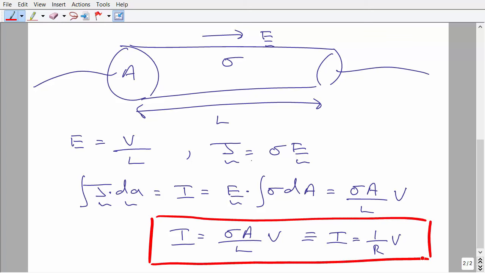Okay, so here then is that calculation. I've integrated J dot dA over this face, and I've made a bunch of assumptions in this problem. Of course, the integral of J dot dA is the current. It's the total current flowing through this thing, so there it is, I.